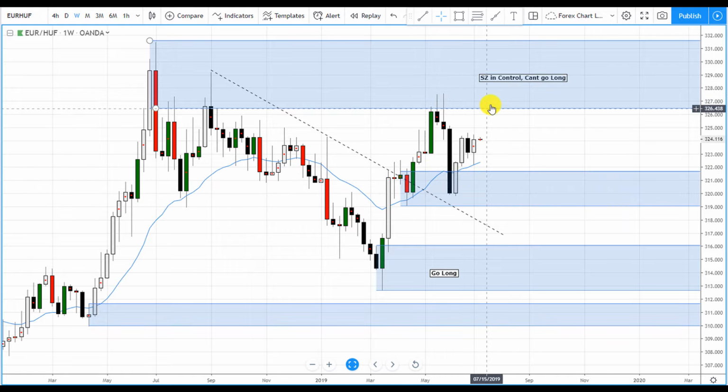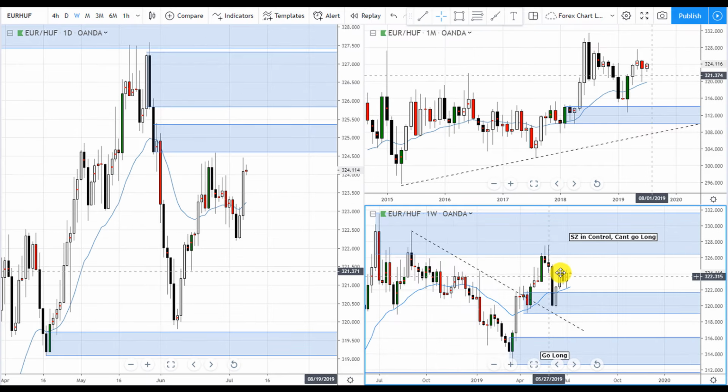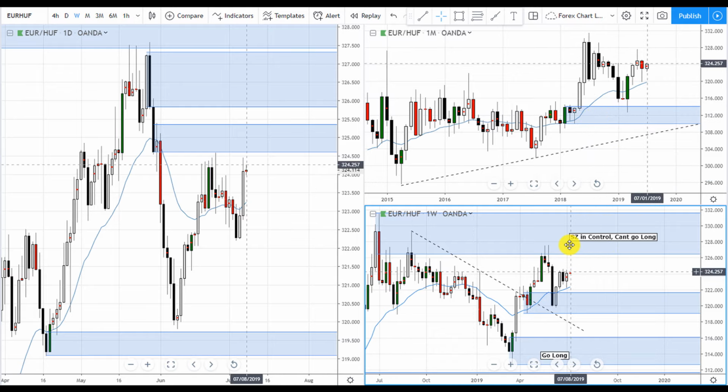So this is the range that we're looking at, this range and this range. When price goes up here, we can short, and when price drops back down here, we can buy, unless price and market conditions change. But yes, we would want to buy if price reaches our zone.